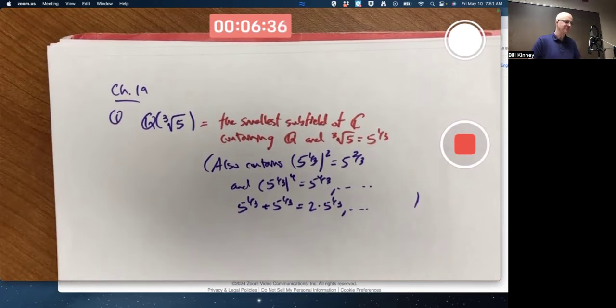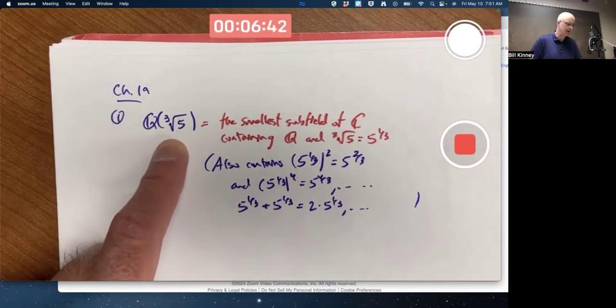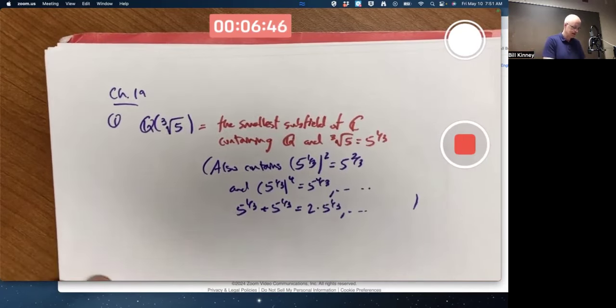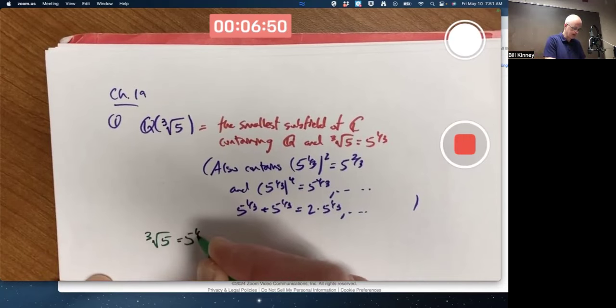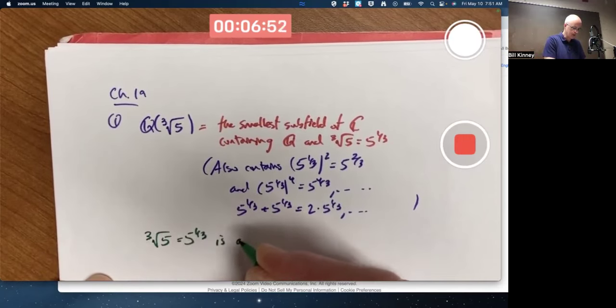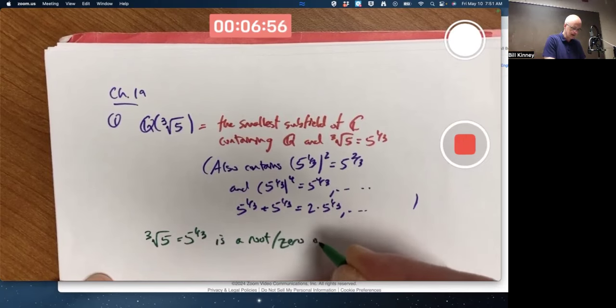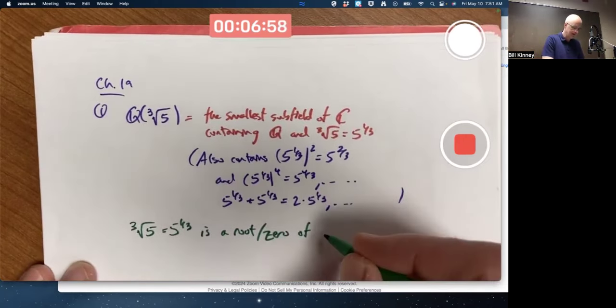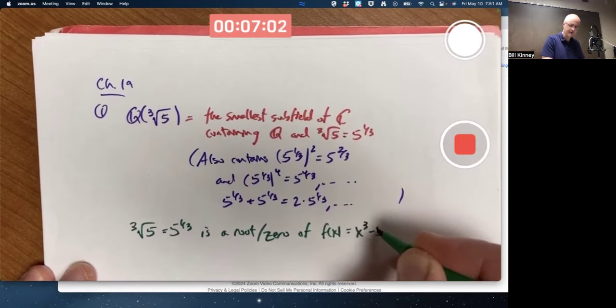There's a theorem. It's related to an irreducible polynomial that this thing is a root of. Cube root of 5, 5 to the 1/3, is a root of, for example, f of x equals x cubed minus 5.